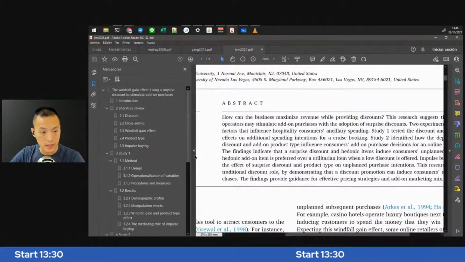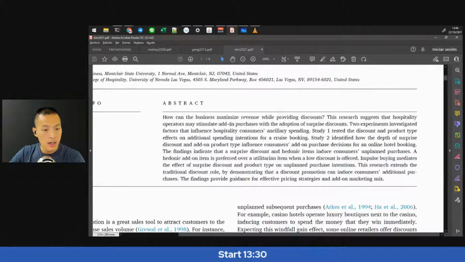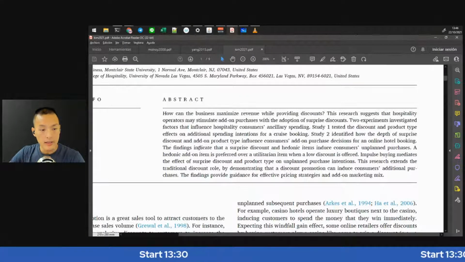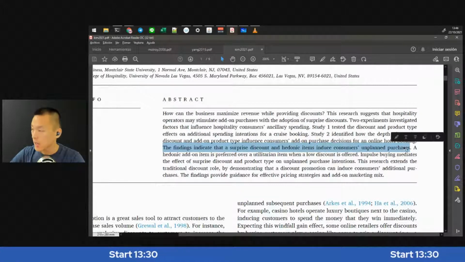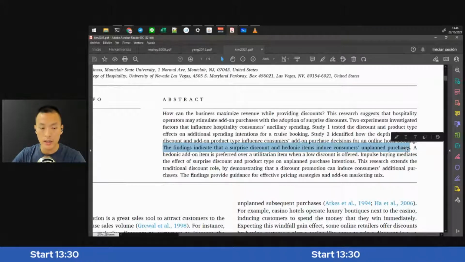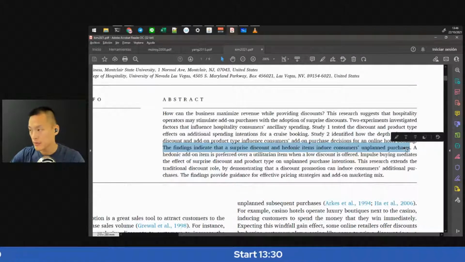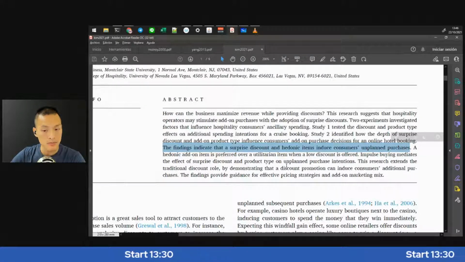Maybe this is too small of a text, so let me collapse that. And then they say the findings indicate that a surprise discount and hedonic items induce consumers' unplanned purchases. So just from the abstract, you know that hedonic items receive a boost in sales if you give customers a surprise discount. Useful, valuable, key information right here.